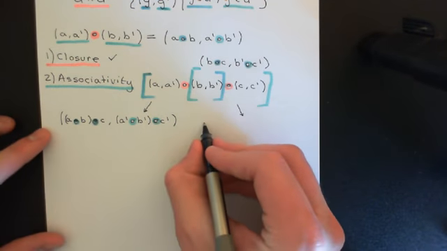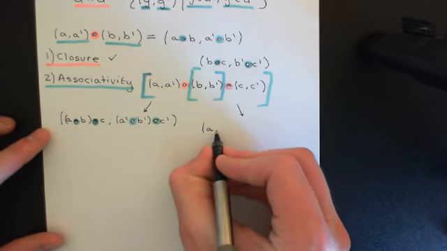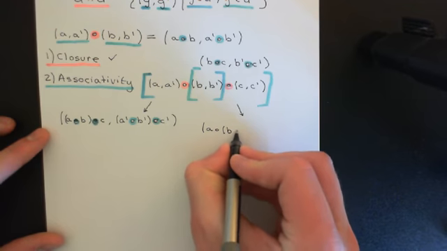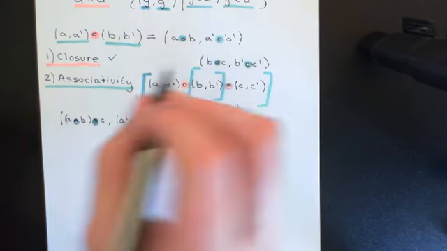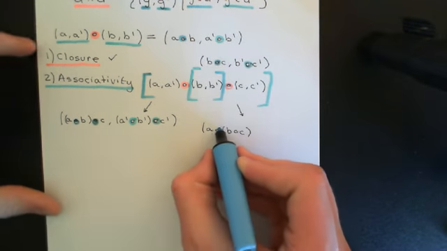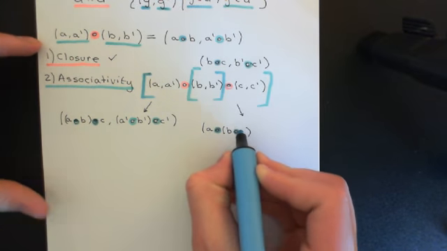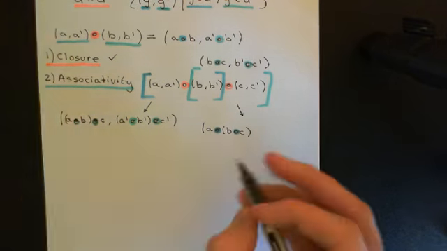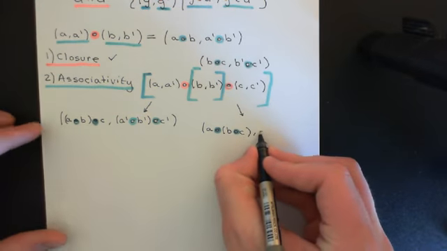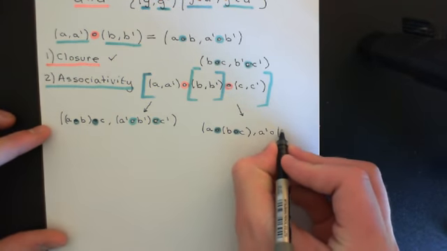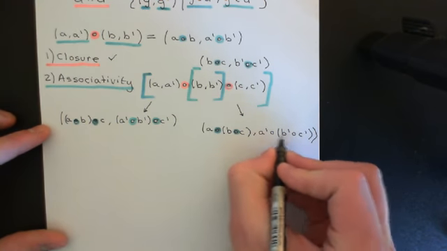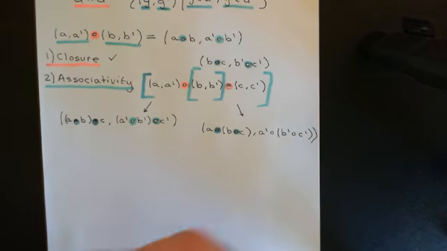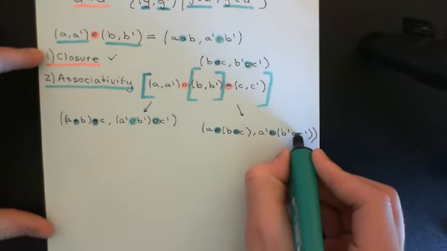What we'll then get as our final answer is A composed with B composed with C, multiplying this component by this component, where all of these compositions are in the group capital G. And for our second answer, we'll get A prime composed with B prime composed with C prime, like so, where all of these compositions are in the group capital G prime.